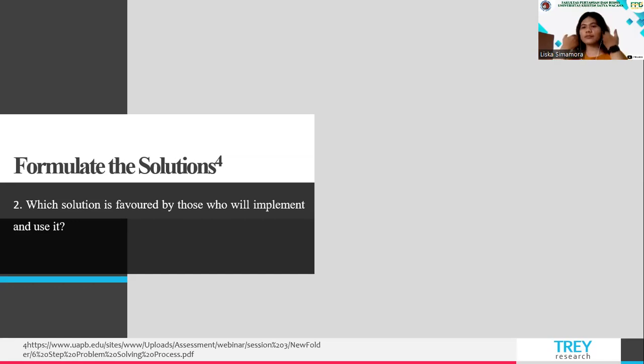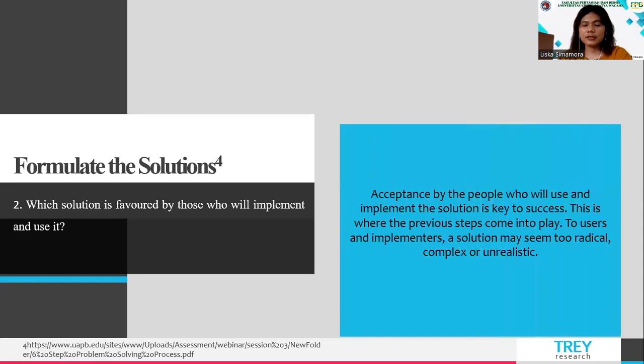Okay, and now here is the highlight. Acceptance by the people who will use and implement the solution is key to success. This is where the previous steps come into play. To users and implementers, a solution may seem theoretical, complex, or unrealistic.